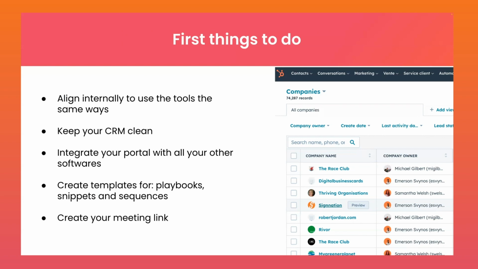So sit down and align on how do we want to fill the data, which data is important, how do we gather this data. All these questions need to be answered, and have a kind of SLA of good practices, how to keep our CRM clean.